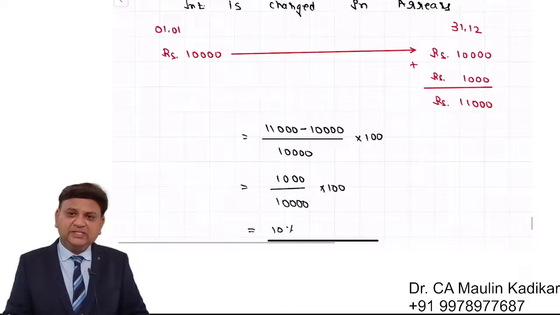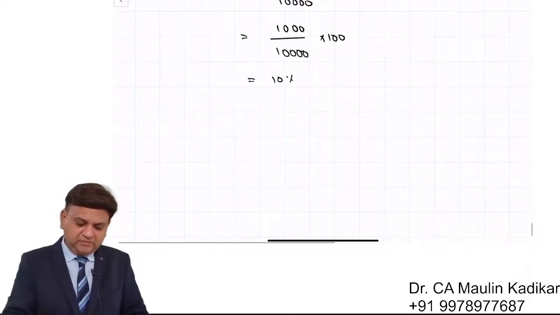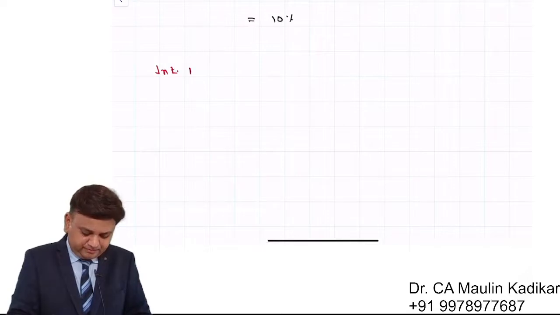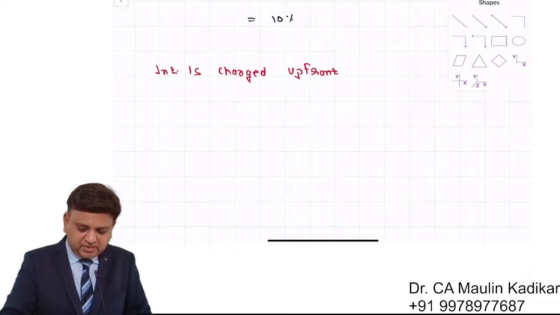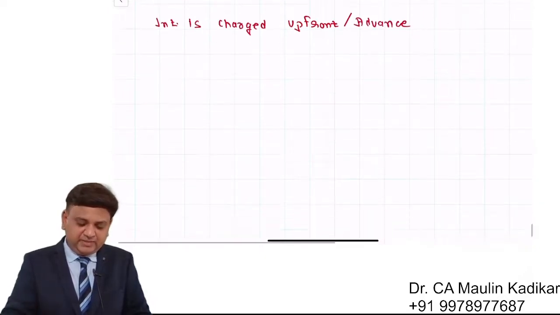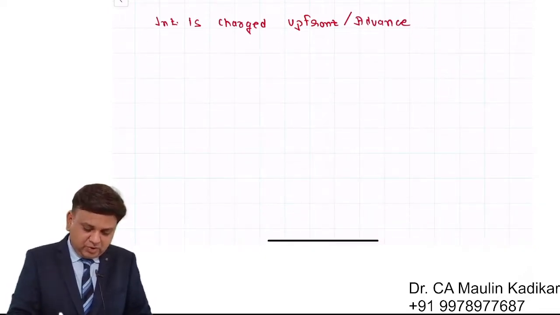Now suppose in the same situation the interest is charged upfront or interest is charged in advance. In that case, what will happen? Let us see. Today's date is 1st of January.